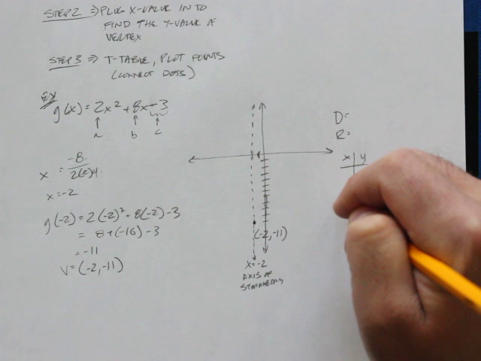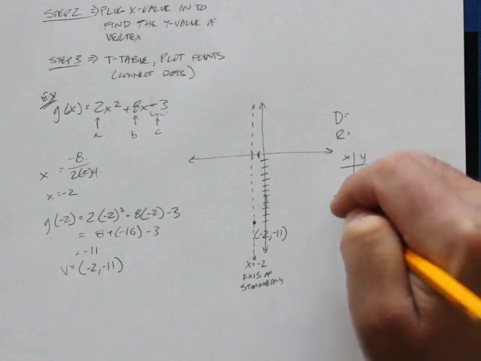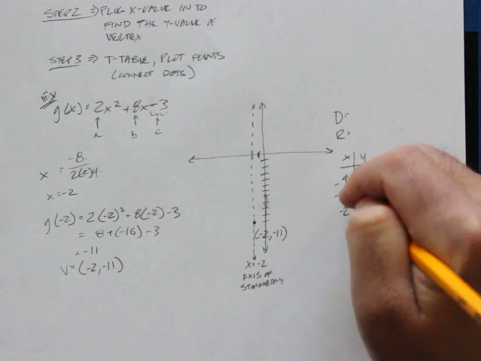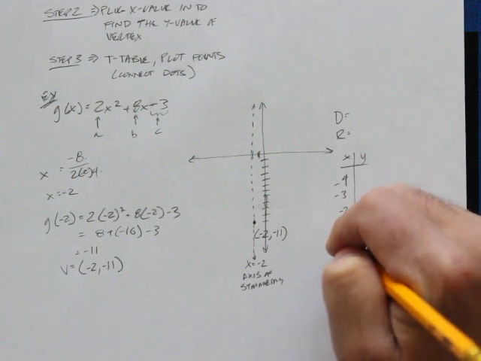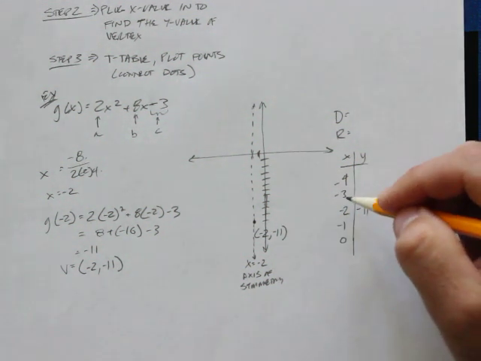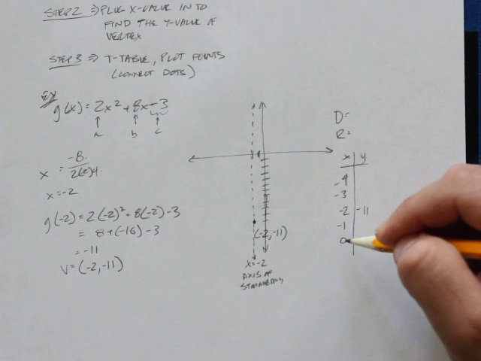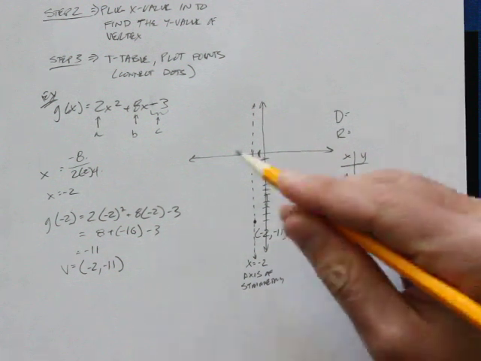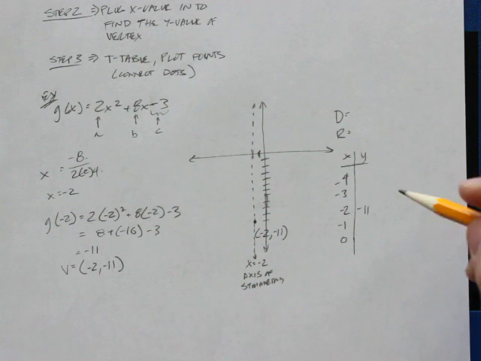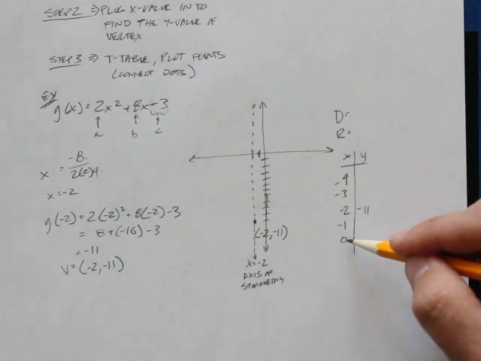So I'm going to go, well, these got to be lower. So I'm going to say negative 3 and negative 4, and then negative 1 and 0. So 2 on each side, and I make them equidistant from the vertex on either side, and that way I can see my symmetry more clearly. So if I plug in 0, that's the easiest one.